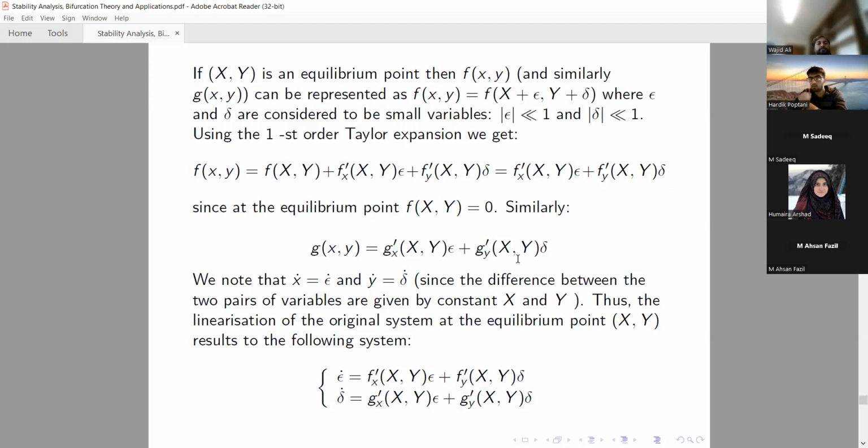Of course, we know that x dot is equal to epsilon dot, and y dot is equal to delta dot, since the differences of the variables are just given by constants x and y. Therefore, the linearization of the original system at the equilibrium point (x, y) results in something like this, a much simpler system.